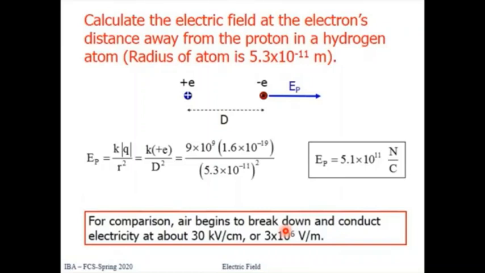Generally, air gives an infinite resistance, but electrons conduct within air if we have this amount of electrostatic field. But if you look here, this is a very huge number compared to that number. So in an atom, we have a very strong electrostatic field, so that the electron is bound to the nucleus.